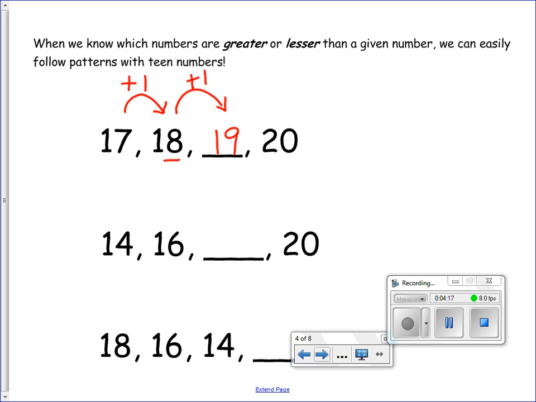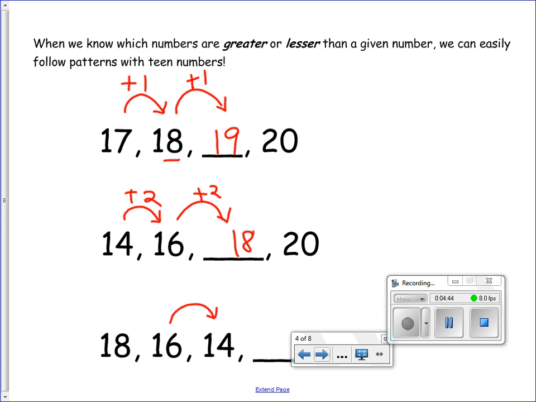Again, I picked 2 numbers next to each other. From 14 to 16, I also know my numbers are getting greater. So I'm adding. From 14 to 16, I'm adding 14, 15, 16, so I'm adding 2. So 16 plus 2, I know, is 18. For the next one I can use 18 to 16 or 16 to 14.